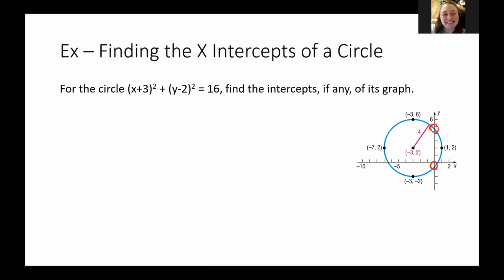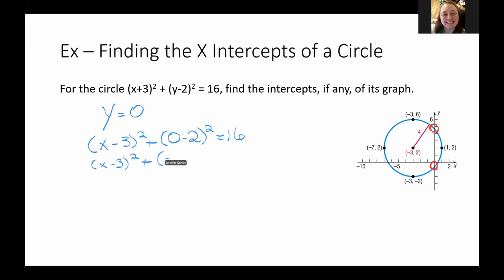So to find the x-intercepts, we are going to set the value of y equal to 0. Okay, so we put that into our equation. So we have (x - 3) squared plus (0 - 2) squared equals 16. Okay, so here we've got (x - 3) squared plus (-2) squared equals 16.